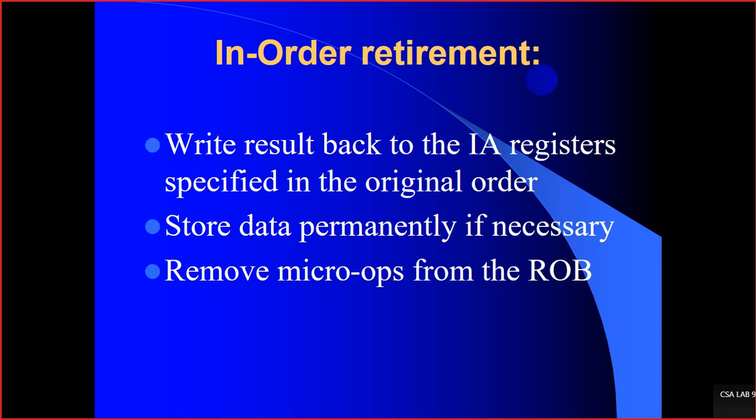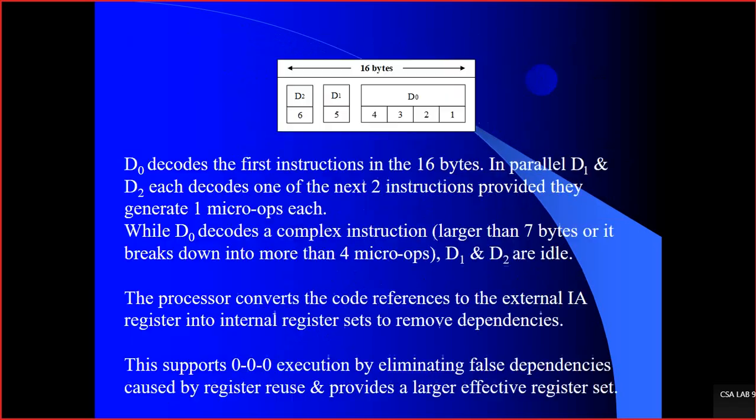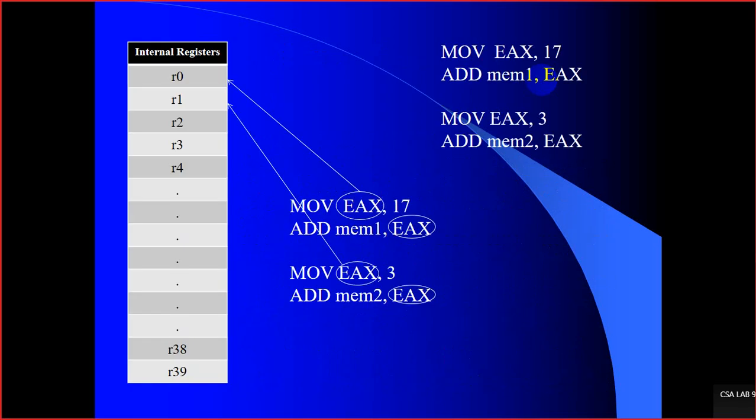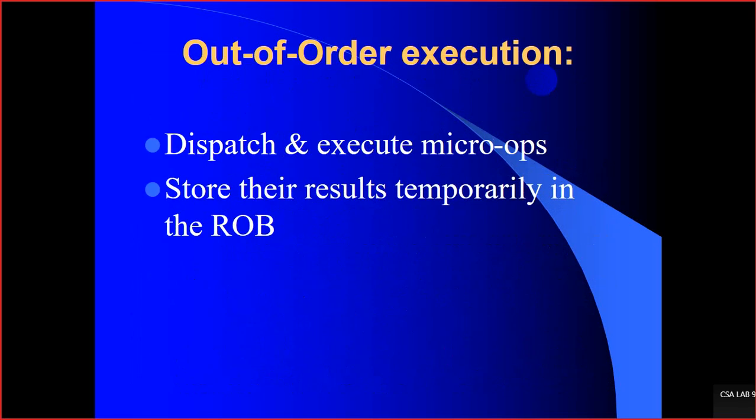So if we summarize, this is very common to almost all modern day CPUs. Initially, things happen in order. It is called the in-order front end. In the middle, when the instructions become independent of each other, it is called out of order execution. In any order, an instruction can be executed.